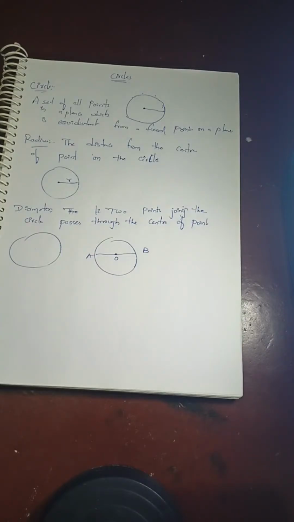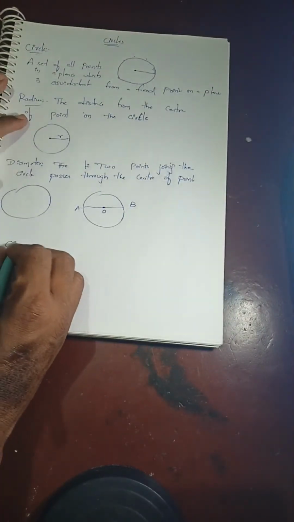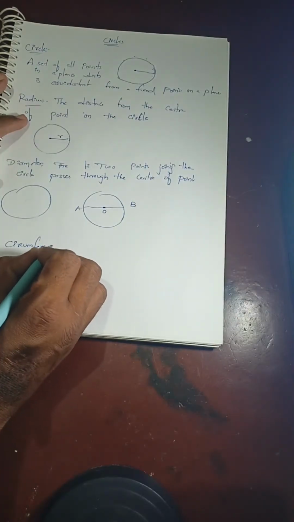Next we'll write all the definitions right over here only: what is meant by circumference, what is meant by tangent, what is meant by secant. First, circumference. What is meant by circumference?